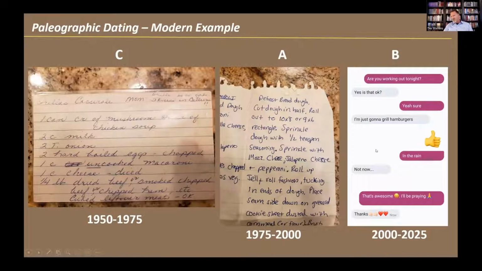We could all be confident on this one. We know many of us in our lifetimes have seen the transition from cursive writing to predominantly print and now predominantly typing. And that's happened in my lifetime.